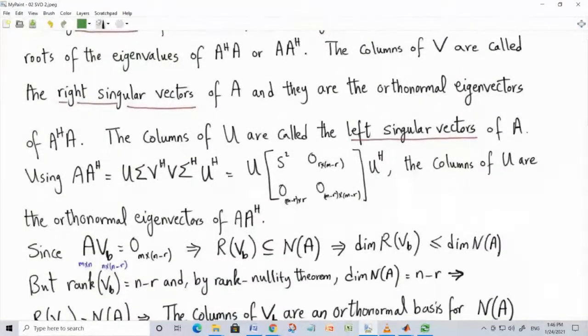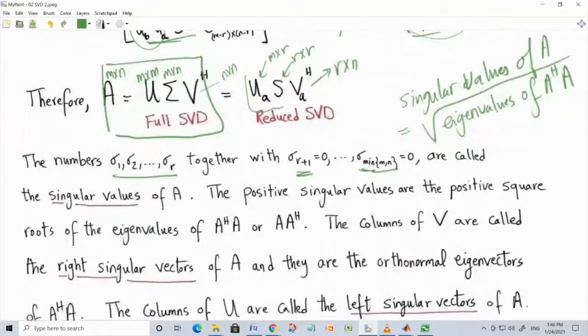You can show that if you take A A Hermitian, you get U S square and those zeros multiplied by U Hermitian. Okay, so this is the SVD. Again, you can write it with the full unitary matrices U and V, or you can trim it and have a diagonal square matrix, which is S.